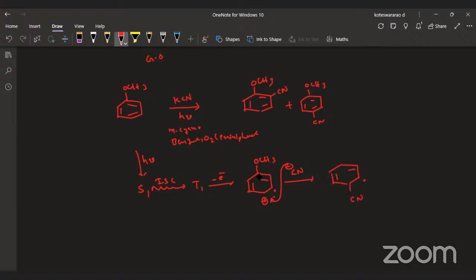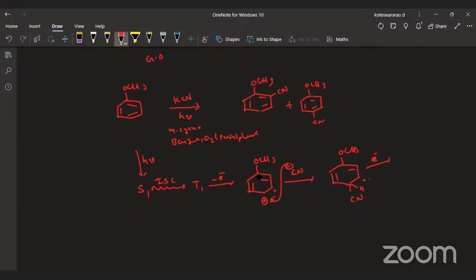Here it is the radical. Again, here it is having hydrogen, right? Next, transfer of another electron. Whatever the ejected electron, it is received here.